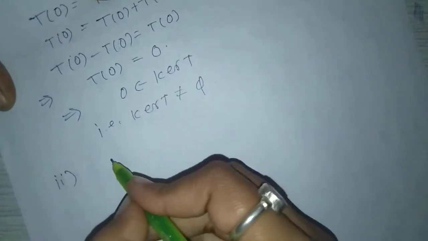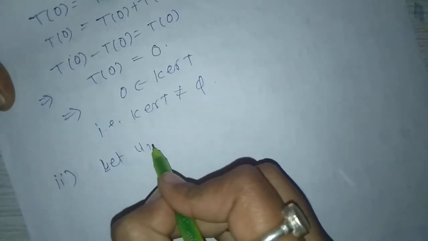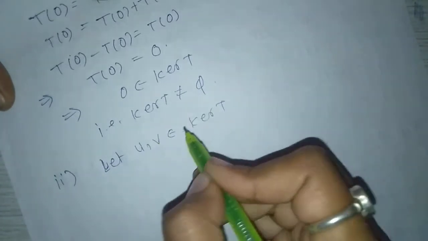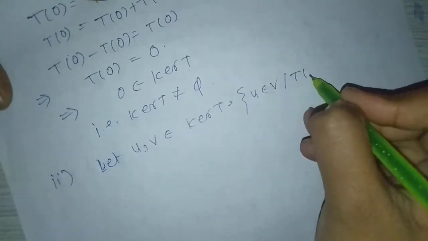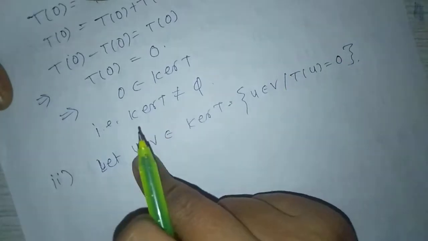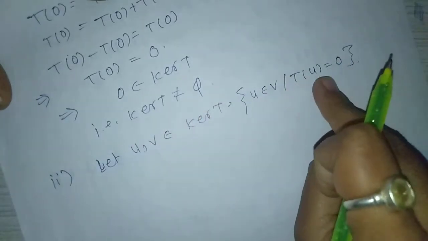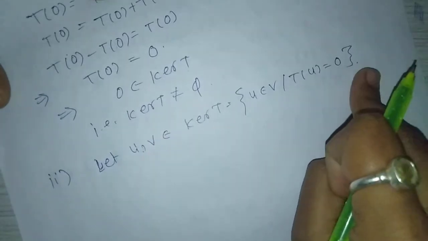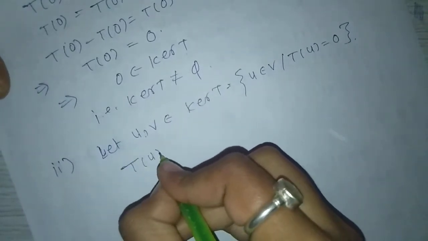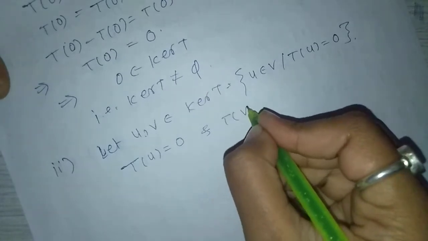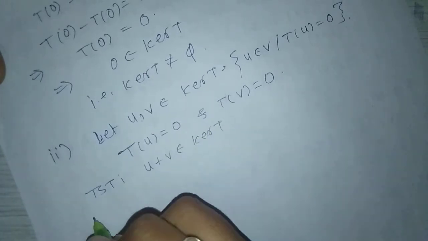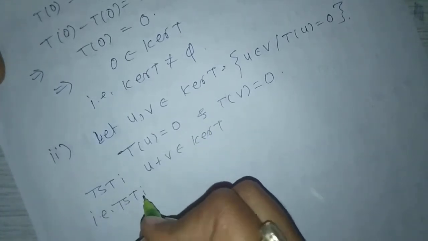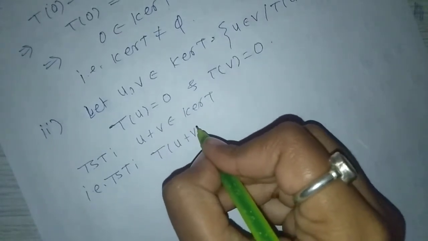Second, let u, v belong to kernel of T, where kernel of T is nothing but the set of u belonging to V such that T of u equals 0. u and v belonging to kernel of T means T of u equals 0 and also T of v equals 0. Now to show that u plus v belongs to kernel of T, we need to show that T of u plus v equals 0.